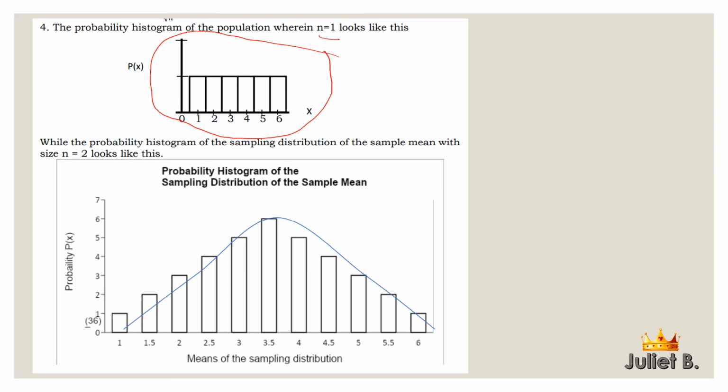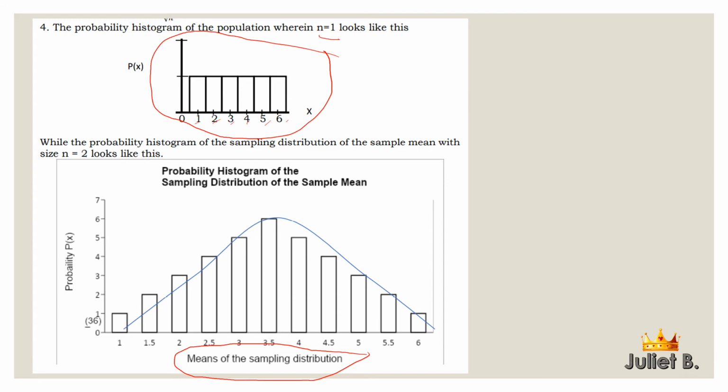Kaya definitely, pantay-pantay ang graph ng bawat isa, yung bawat population. While, nung kumuha tayo ng sample mula sa population, taken 2 at a time, kung mapapansin nyo, ang nangyari, naging normally distributed.